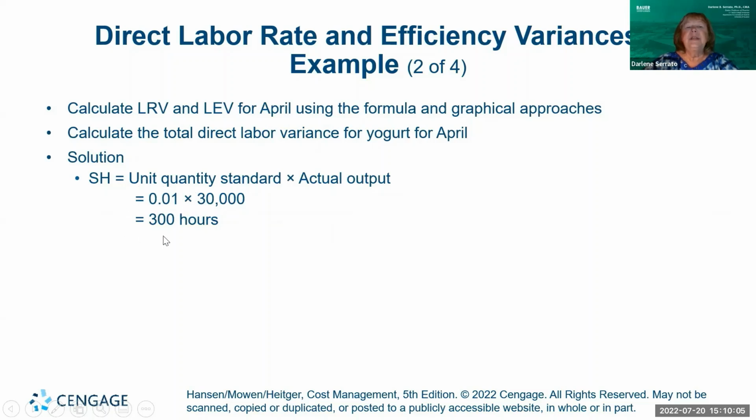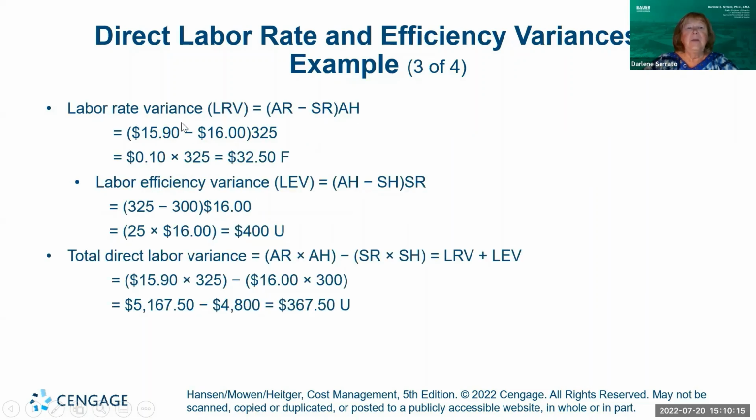So in producing the 30,000 quarts, we should have used 300 hours. Labor rate variance: actual rate was $15.90, standard rate was 16, times the actual hours that we worked gave us a favorable labor rate variance of $32.50.